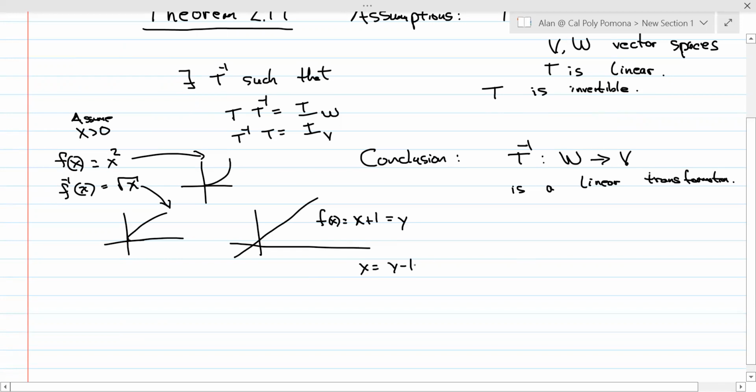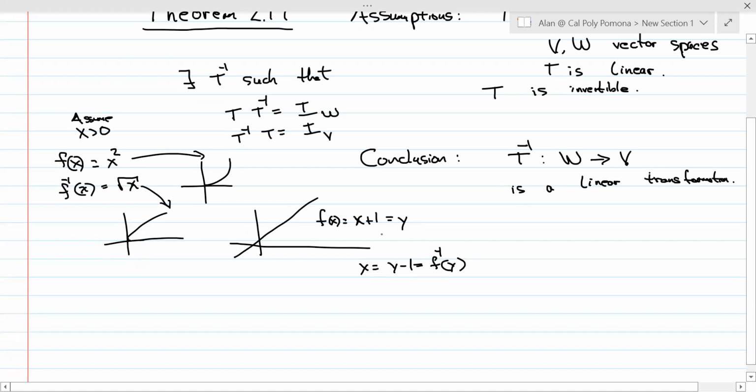And this would be sort of the inverse function as a function of y, I guess. And you can see in this case, this is a line. Well, this is also a line. You could graph it again in a different system, but they're both lines. And that's pretty much what this is saying: you start with something that's linear and it has an inverse function, then the inverse function is going to be linear as well.